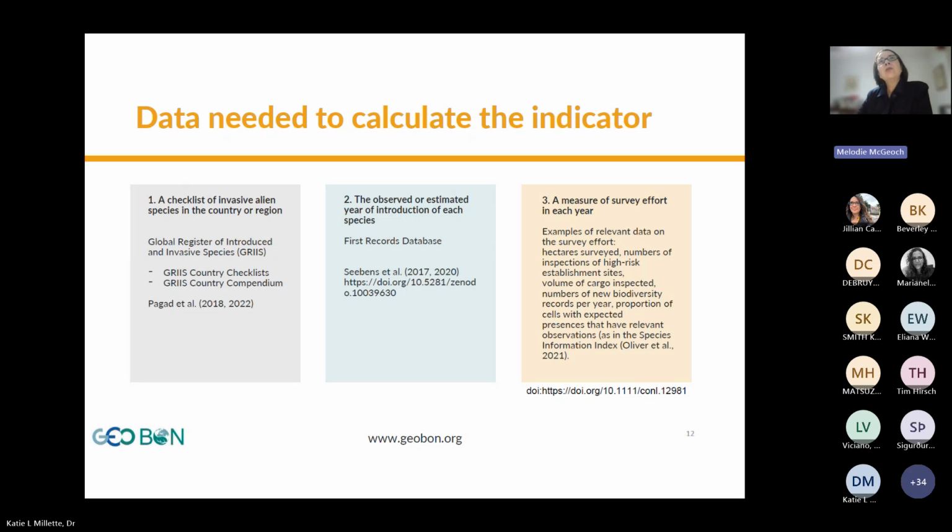So using the total volume of biodiversity data collected, for example, information that could be obtained through GBIF, as a proxy for understanding how likely one is to have detected a new invasive alien species. And then there's the proportion of cells with expected presences that have relevant observations, and that's a published method that is used in the Species Information Index, which would be perfectly appropriate to use as well. Next slide.